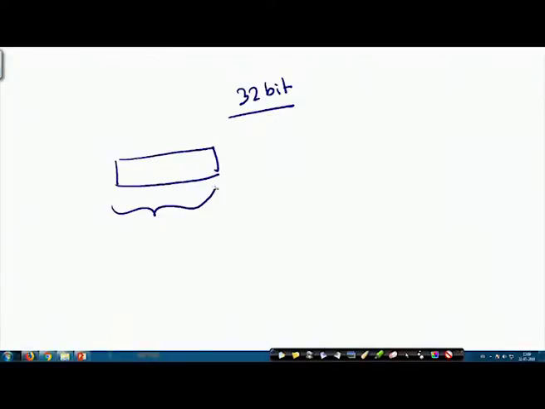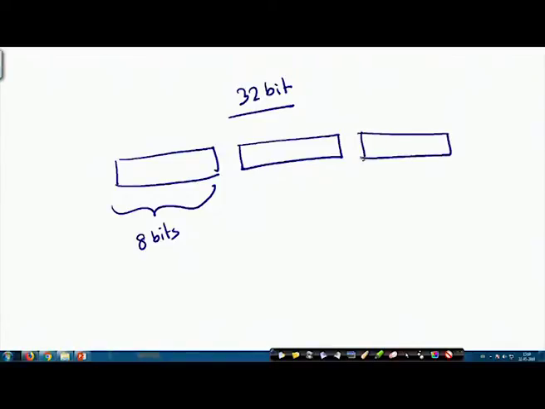What we do is divide this entire 32-bit IP address into 8-bit chunks. If we divide into 8-bit chunks, we will have 4 different chunks of 8 bits. This is the first chunk, this is the second 8-bit chunk, this is the third 8-bit chunk, and this is the fourth 8-bit chunk.